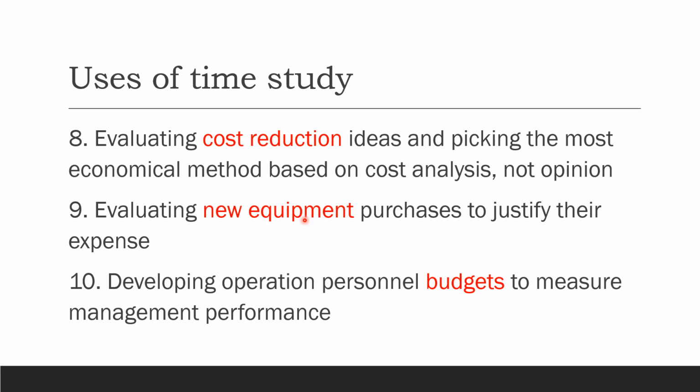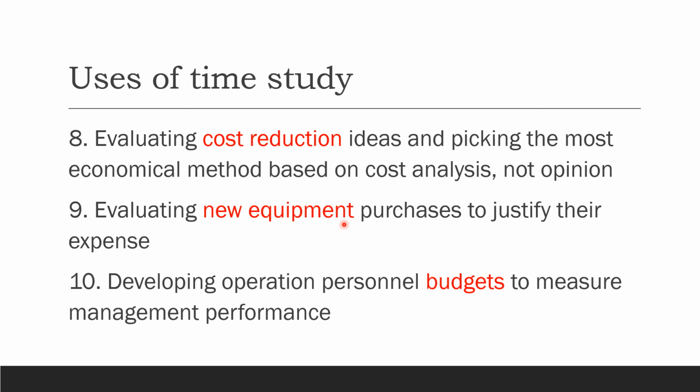Equipment is so expensive in manufacturing. It costs like $1 to $2 billion. So you know, you don't make that kind of decision lightly. You have to analyze, and you have to study to evaluate expensive equipment in a manufacturing environment.